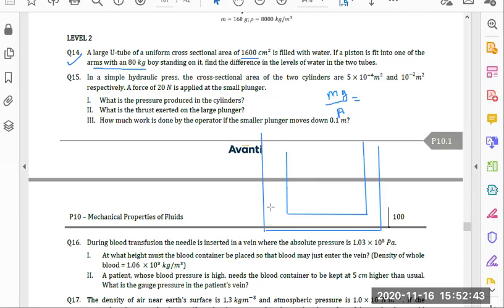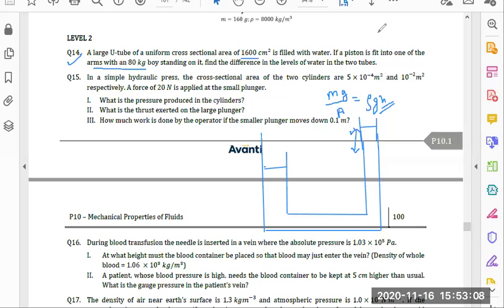Now a buoy is here. So this will lead to a change in the level of liquid over here. The liquid will go up. Yes or no? The level of liquid will go up over here. So this is equal to rho gh. Got it? Easy, right?